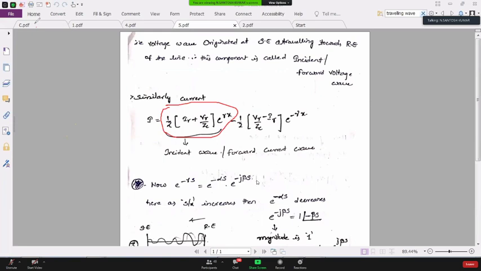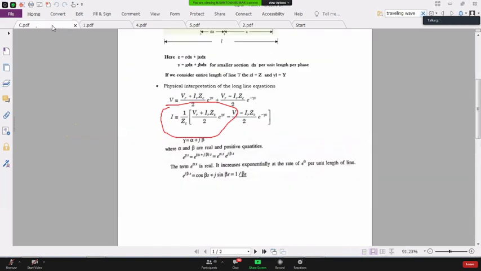So here we can conclude one point: these two components, your voltage component and your current component, both are incident waveforms. So we have the voltage incident wave as well as the current incident wave.